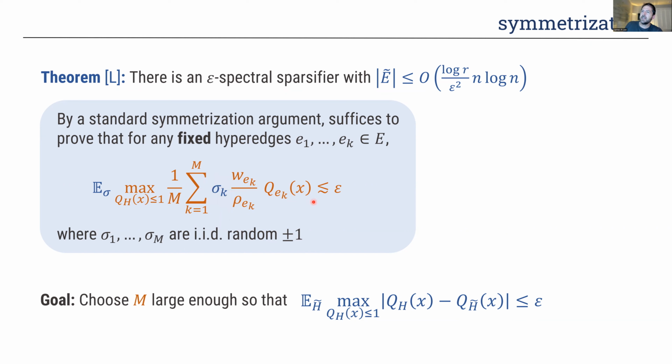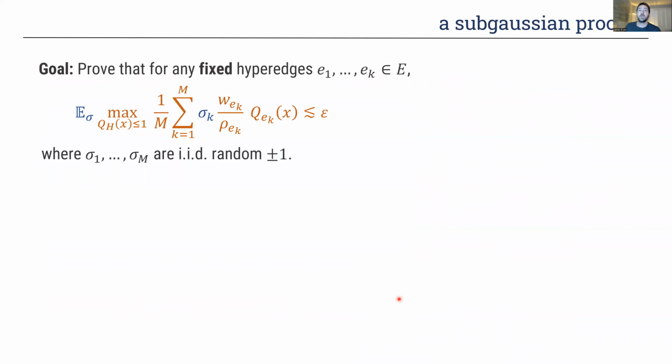And if we can bound that, then by symmetrization, it allows us to get a bound like this as well. Okay, so that's going to be our goal from now on. We want to prove that for any fixed hyperedges e_1 up to e_m, the expected maximum of this randomly signed sum is at most epsilon, where these sigma_k's are IID plus or minus 1.